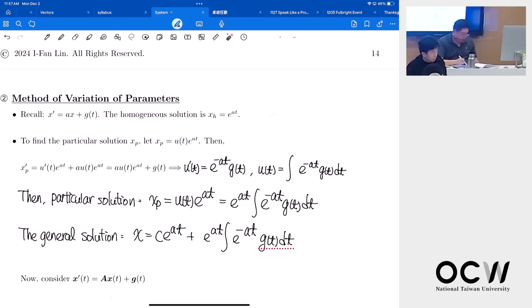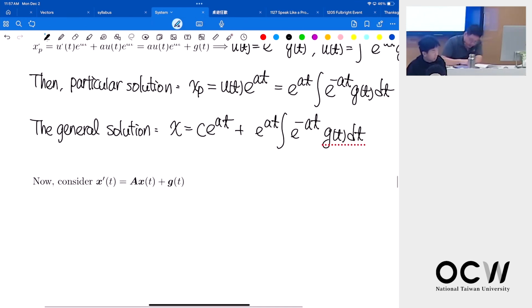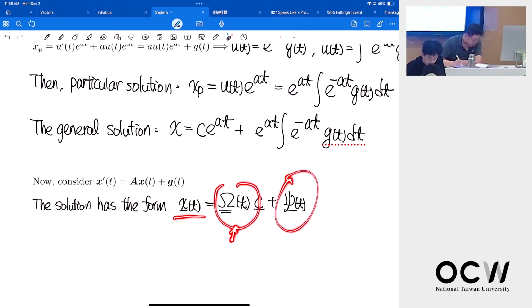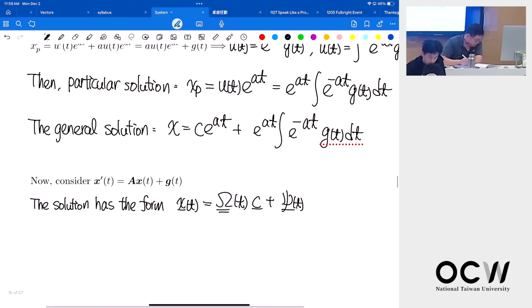Following this concept, for the solution of this non-homogeneous equation, we have the solution has the form x equals the fundamental matrix times the constant, and then the particular solution. The particular solution will be the homogeneous solution times a function u as well. So the fundamental matrix times u.